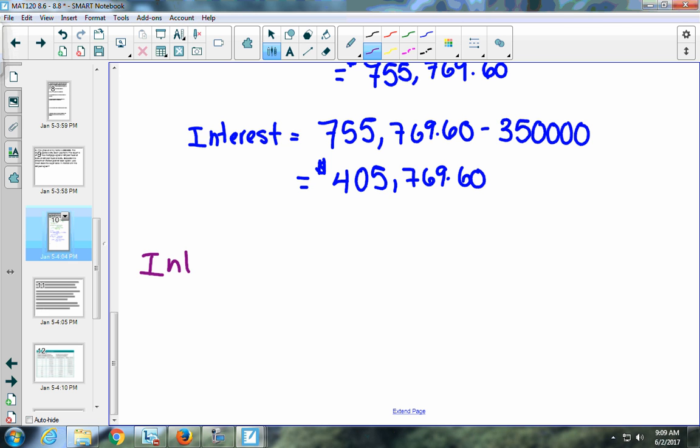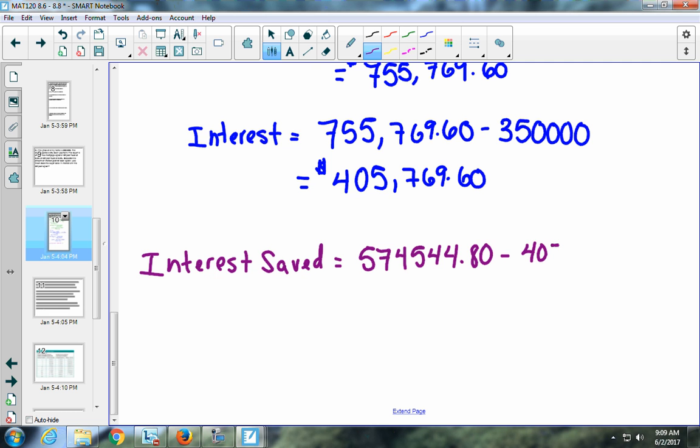So if we're trying to find our interest saved, I'll do that $574,544.80 minus the $405,769.60. And that tells us that we save $168,775.20 with the 20-year mortgage.